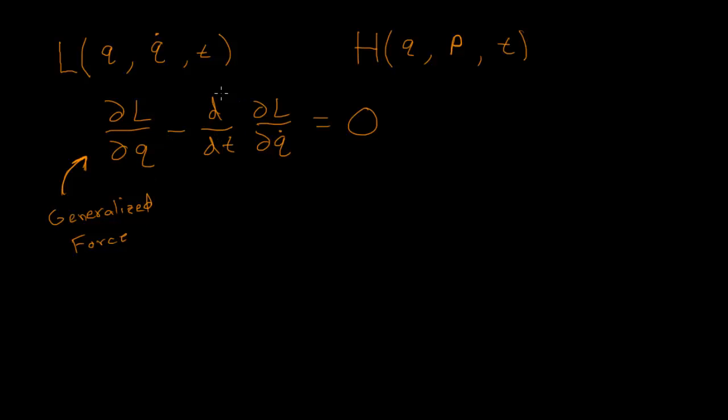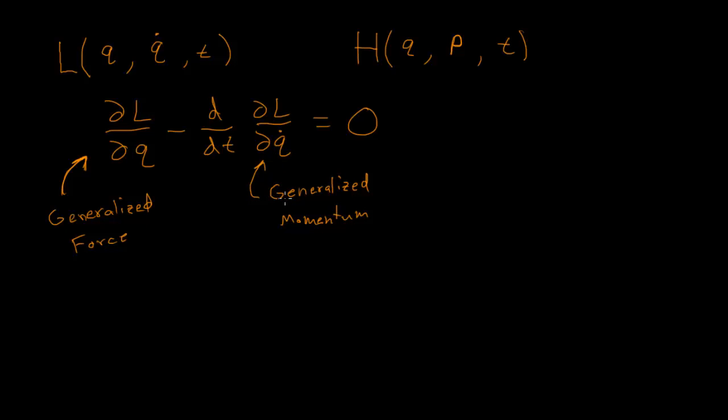Force is the rate of change, d/dt, of the momentum. So if we put in rectangular coordinates, this chunk here ends up being the momentum. So in general, it's the generalized momentum.